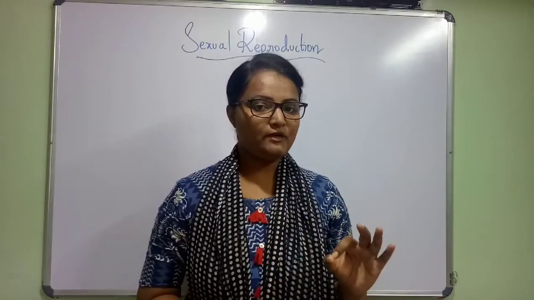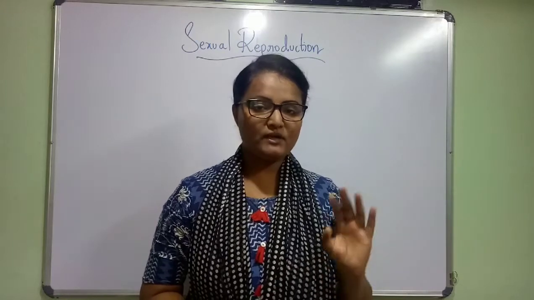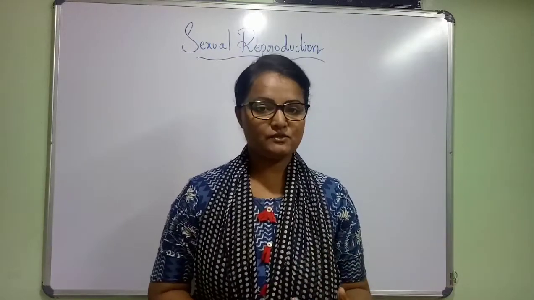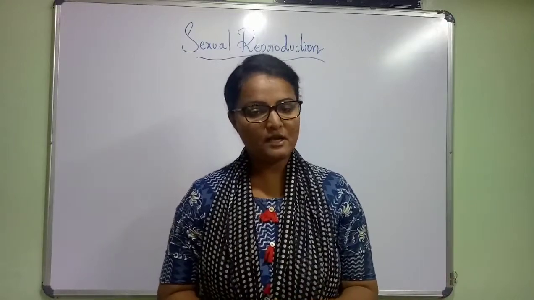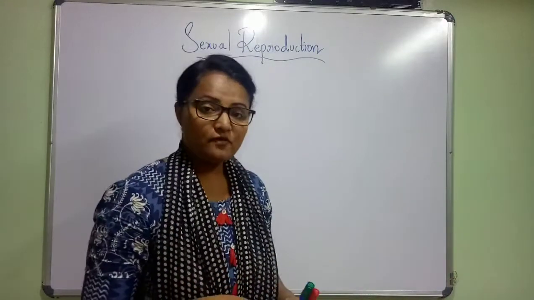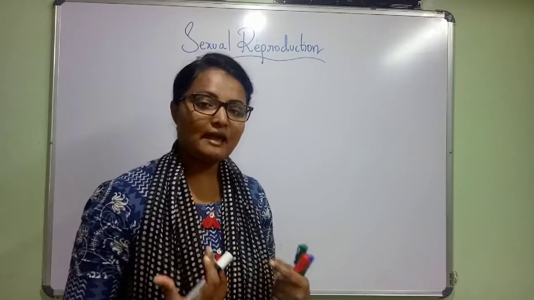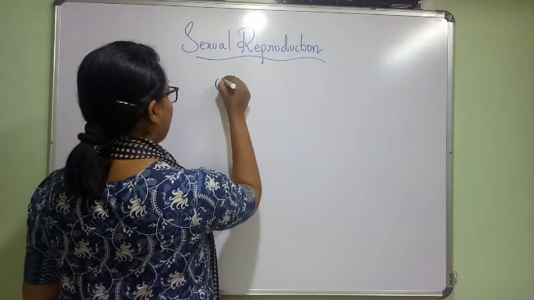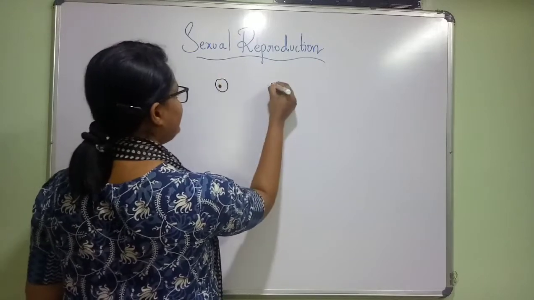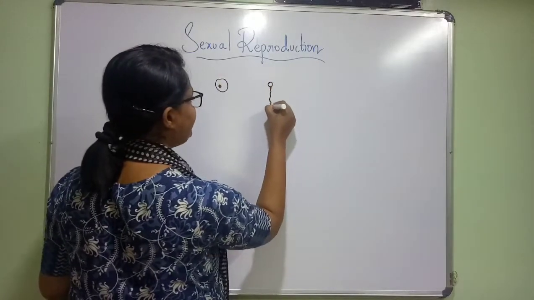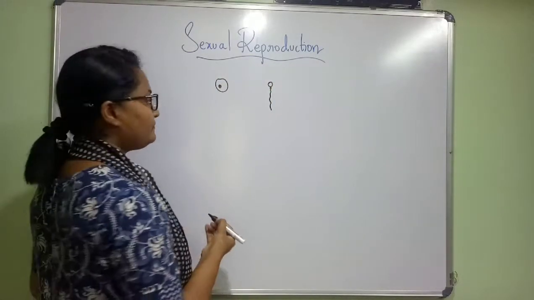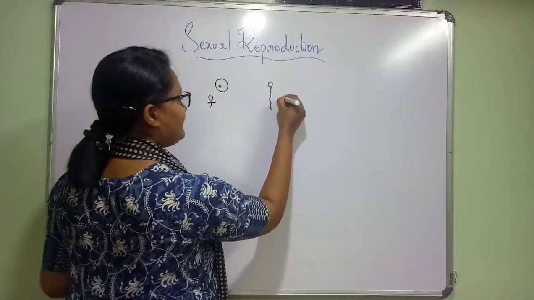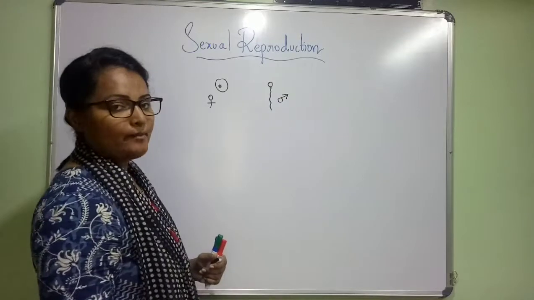There will be involvement of both the parents, and there is fusion of gametes which give rise to the new organisms, right? First of all, to fuse, the gametes should be produced. So first, two different gametes are produced: one is the female gamete and one the male gamete.